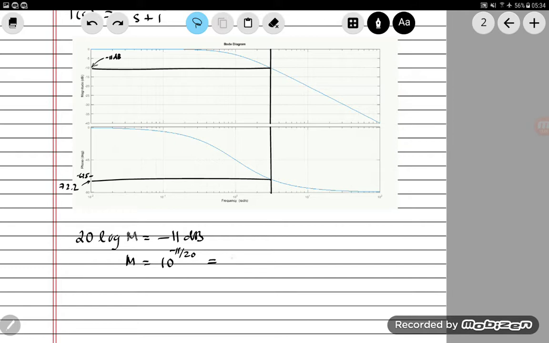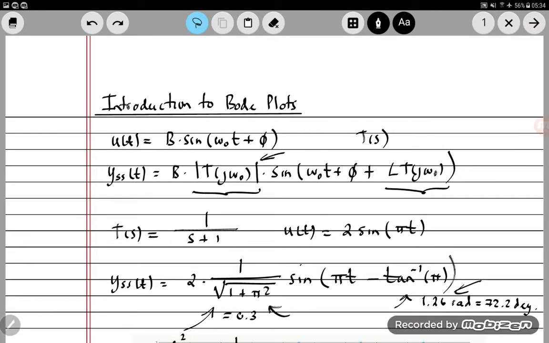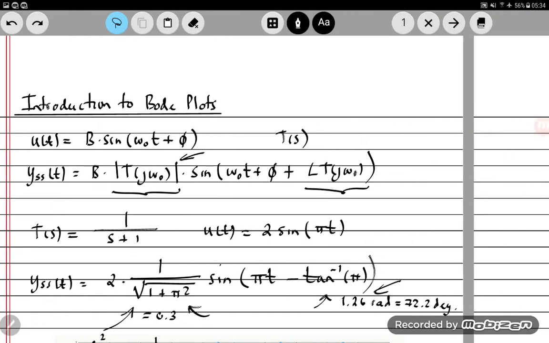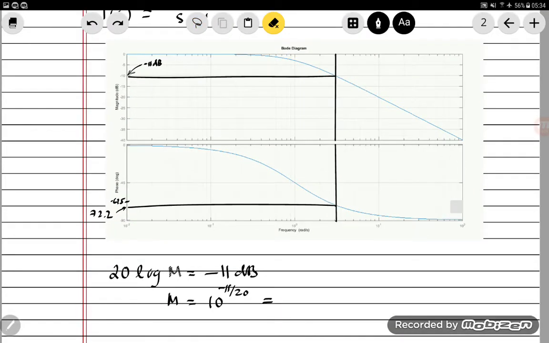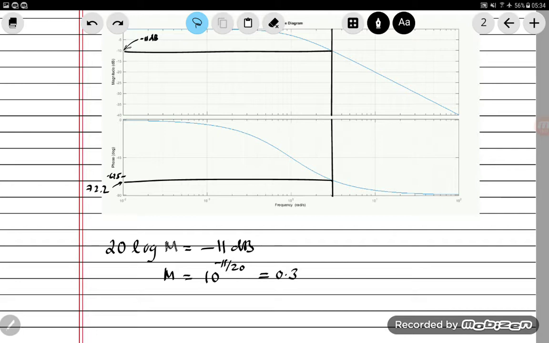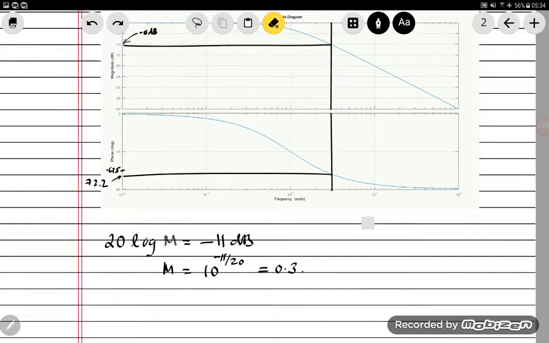I'm not going to work that out, but the magnitude we calculated was 1.3. You should get about 0.3 if you work that out.